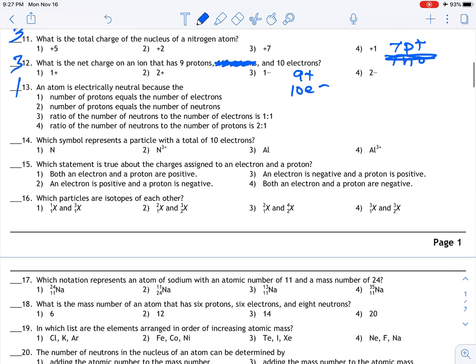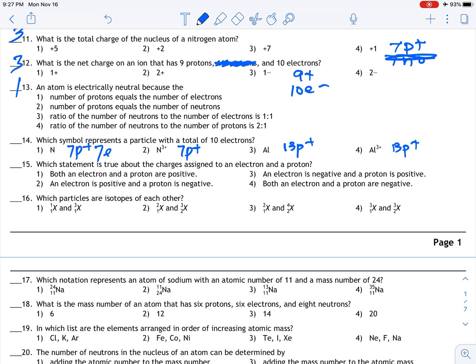Which symbol represents a particle with 10 electrons? The first thing we need to do is say this has 7 protons, this has 7 protons. I remember from my other, this has 13 protons, and this is 13 protons. Now, since there's no charge written here, see how that's just neutral?